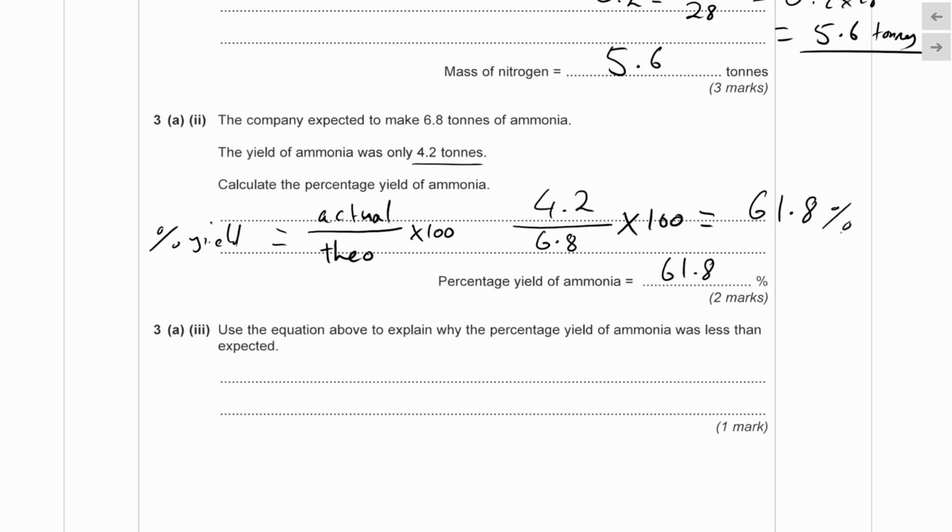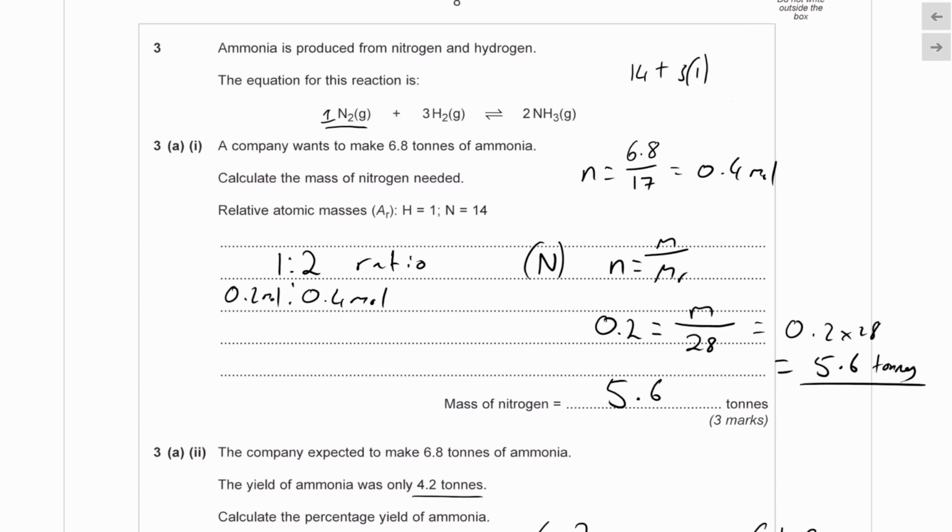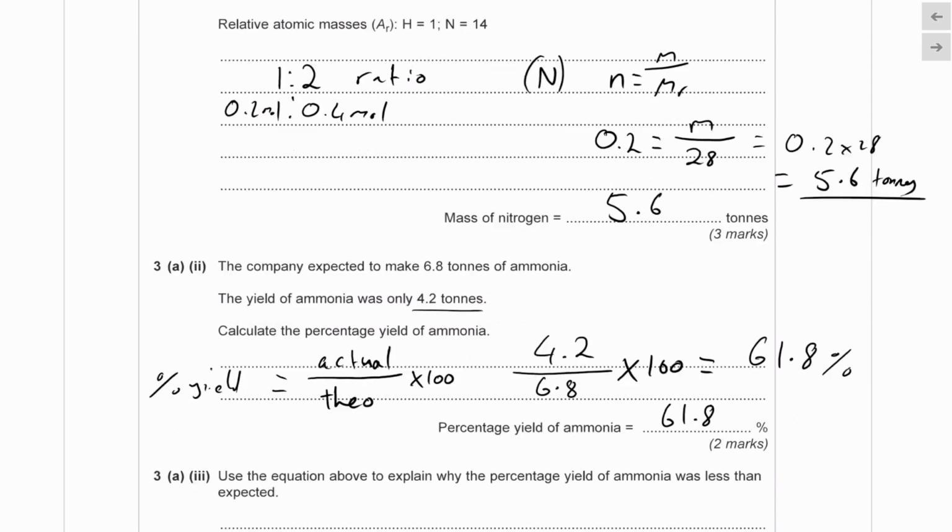There we go. Now part 3, use the equation above to explain why the percentage yield of ammonia was less than expected. Okay, so let's go back up to our equation. Now, let me just rub this stuff out so we can see it a bit better. On this equation, the important thing to note here, because we don't have any figures in terms of exothermic and endothermic, etc., what we can see is this double-headed arrow tells you that the reaction is reversible, and so it's not all going to go one way.